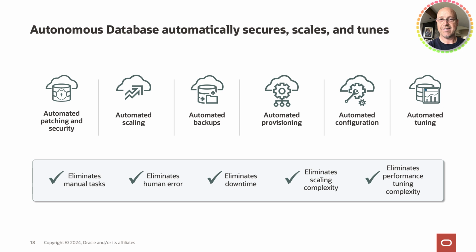So you're not having to do those things that you would do in other cloud service providers, but also if you've just installed Oracle in some VM somewhere and you're trying to manage it, automating the security, the scaling, the backups, the provisioning, the different workload configurations, and the tuning. Okay.